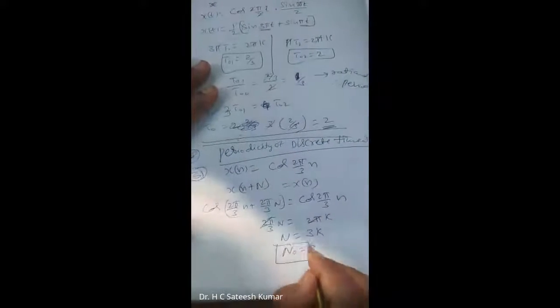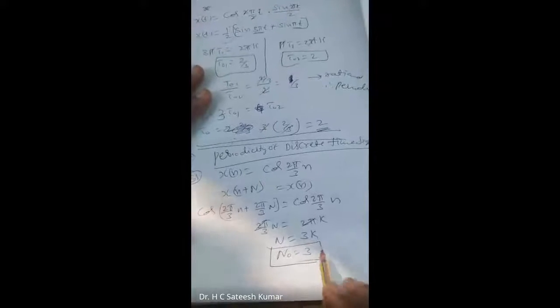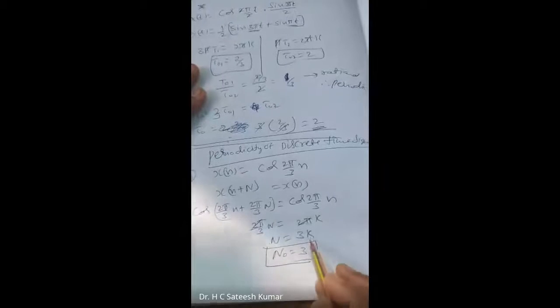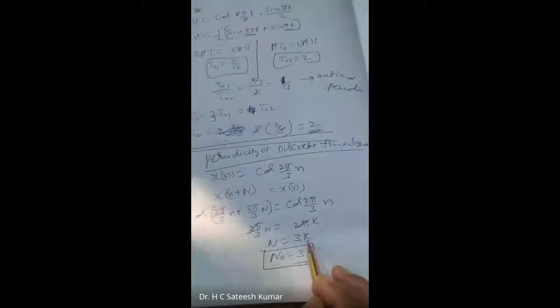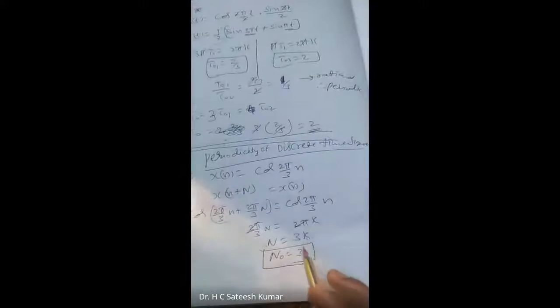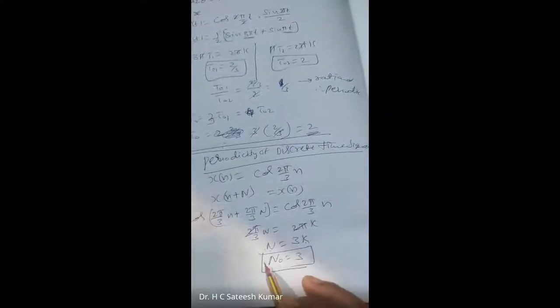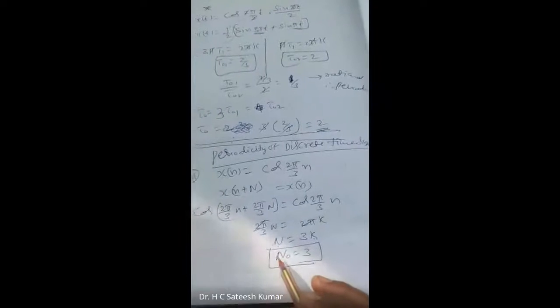That means here we should select k in such a fashion that N is an integer. For any integer value of k, N should be an integer. And for the least integer value of k, you will get the fundamental period. I'll repeat my statement.